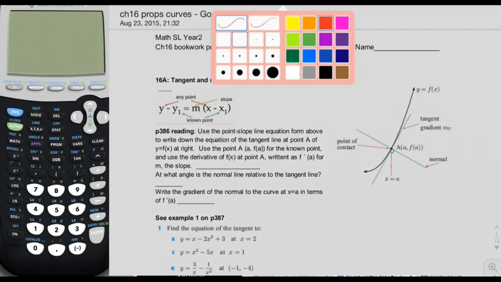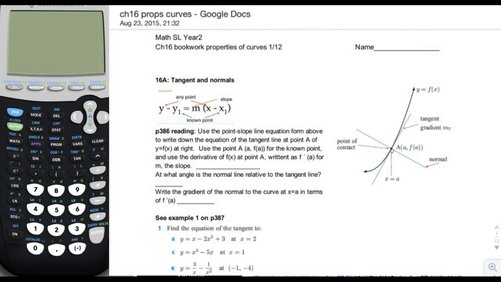Tangents and normals. If you can recall from the investigation, tangents and normals are lines that we draw along the function. Tangents are related to the derivative because the gradient of a tangent is the derivative. You can't really take the slope or the gradient of a curved function because it doesn't have a straight side for you to measure rise over run.